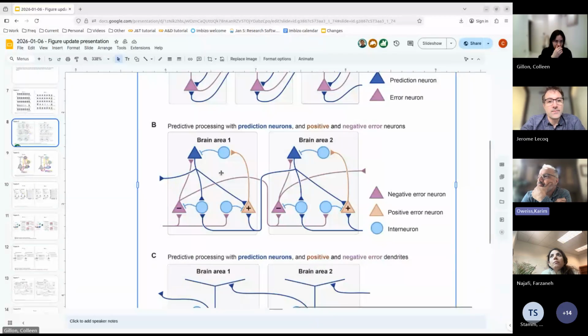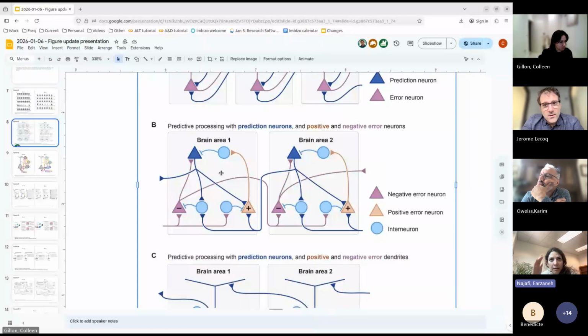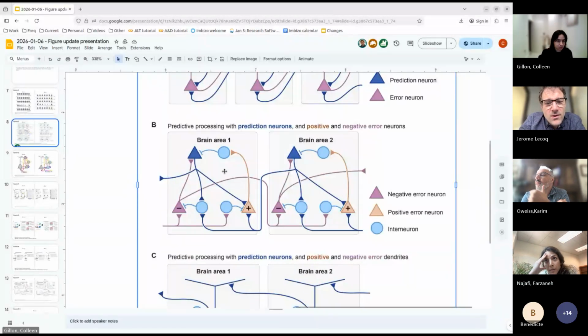But follow up on that. Why is it that the negative error projection from brain area 1 goes to the negative error in brain area 2? Yes, exactly, that one. If you follow that, it goes here, to the negative error from brain area 2. But then the positive one does not project across areas and only projects locally.